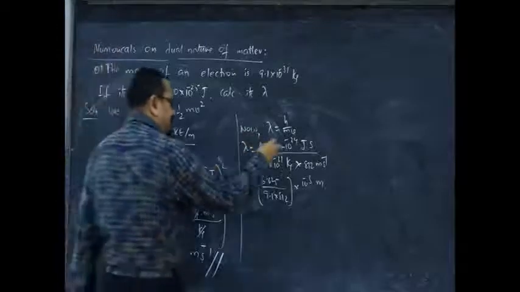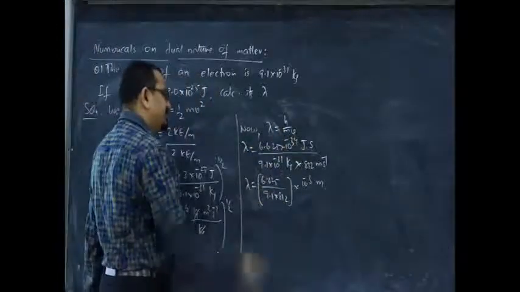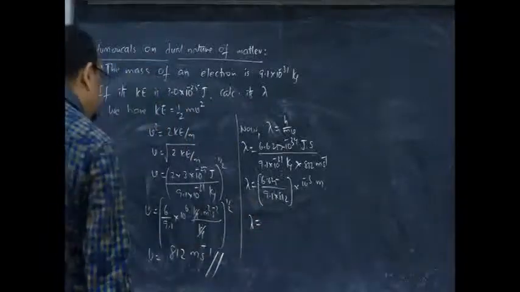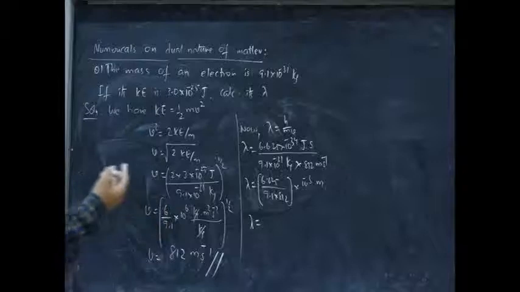10 power minus 34 and 10 power this one, on cancellation and simplification, 6.625 by 9.1 into 812.